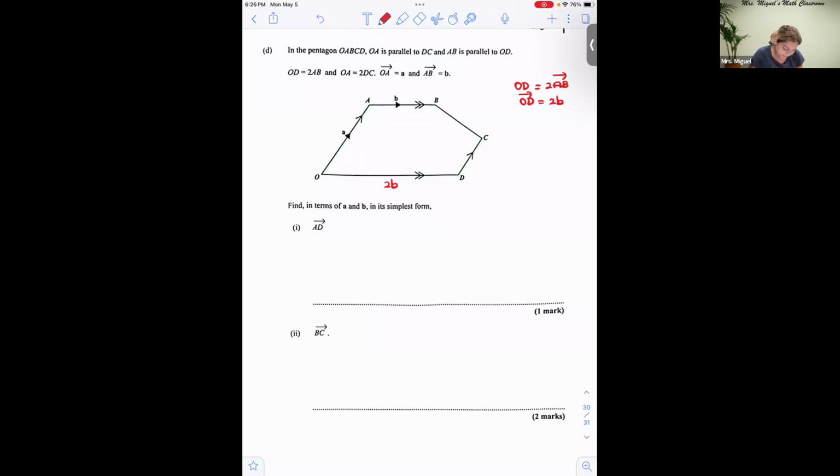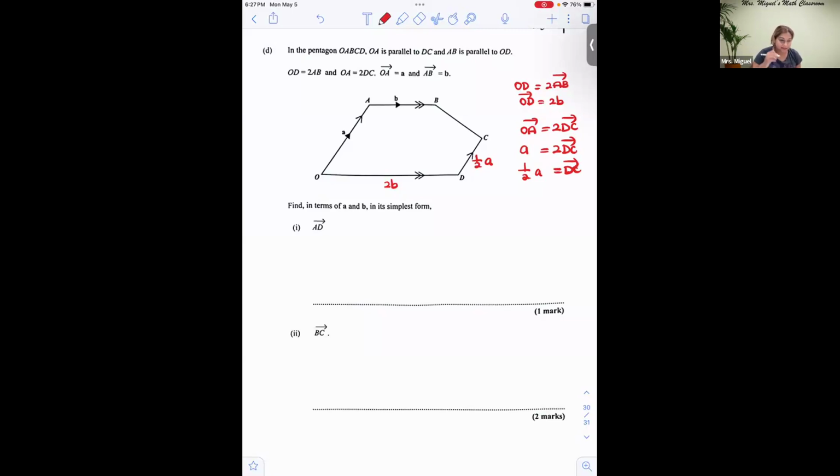So therefore, DC is really a half A. And as I am able to write that, it makes my understanding of the question a little bit better. So I'm able to put in values for some of the missing sides.